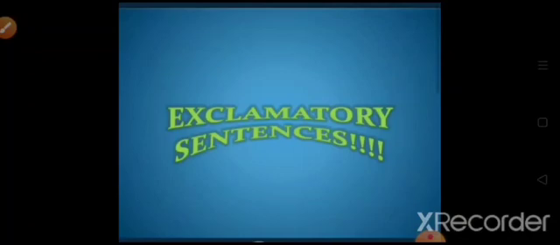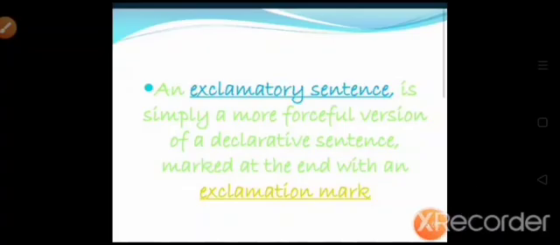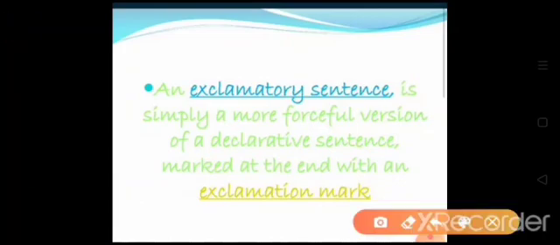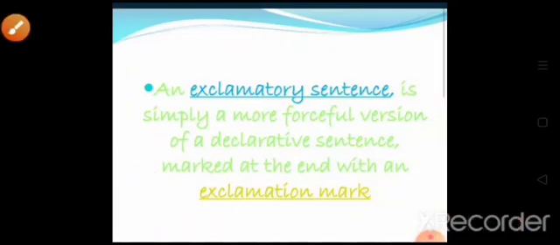We put an exclamation mark at the end of such a sentence. An exclamatory sentence is simply a more forceful version of a declarative sentence, marked at the end with an exclamation mark always. So this is the exclamation mark. Always remember, after that we are putting an exclamation mark.